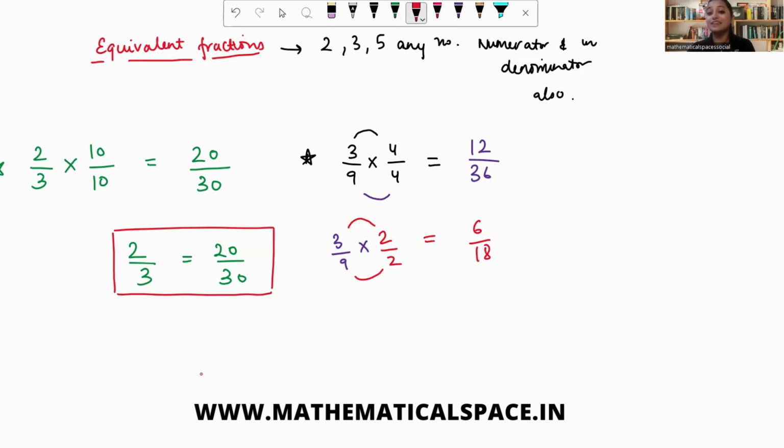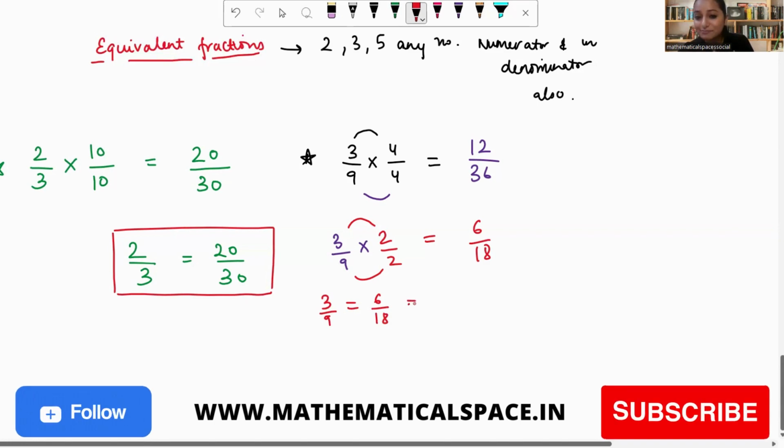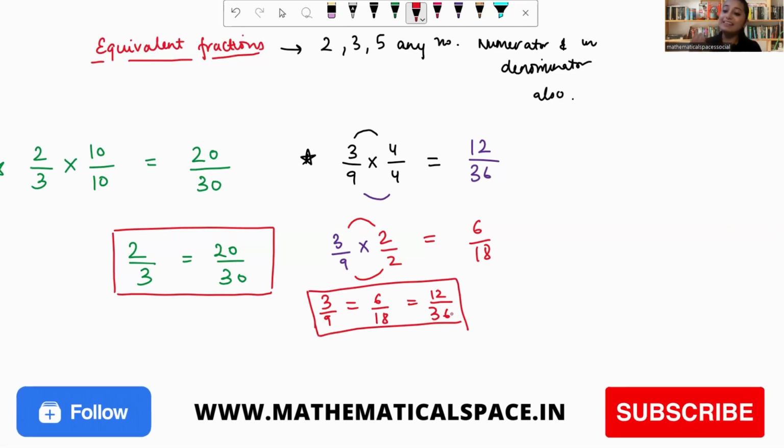So what is the answer? 6 by 18. That means 3 by 9 is equal to 6 by 18 and is also equal to 12 by 36. So I hope this is clear, and we have found two equivalent fractions of 3 by 9. One is 6 by 18 and the other is 12 by 36.